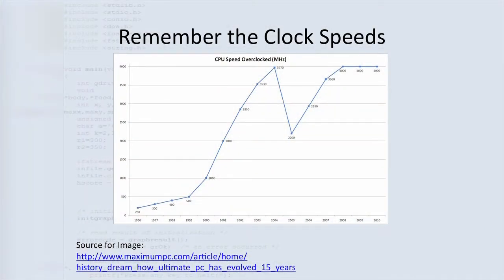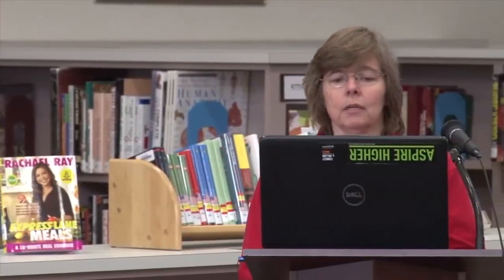But like I said, remember the clock speeds, and up here where it has the point. And we hit kind of a clock speed wall, and we decided we weren't going to be able to just keep increasing the clock speeds. So what we did was we changed the number of microprocessor cores inside a processor, right?